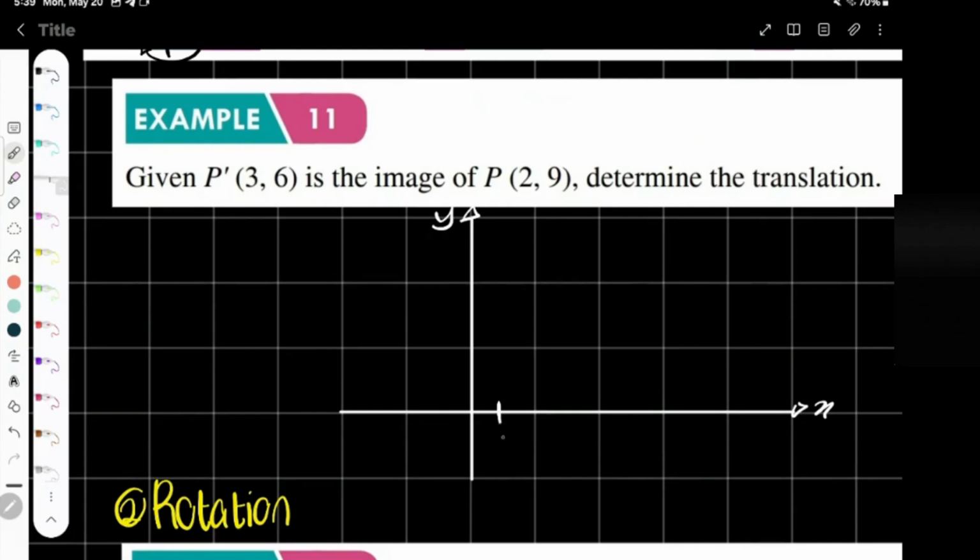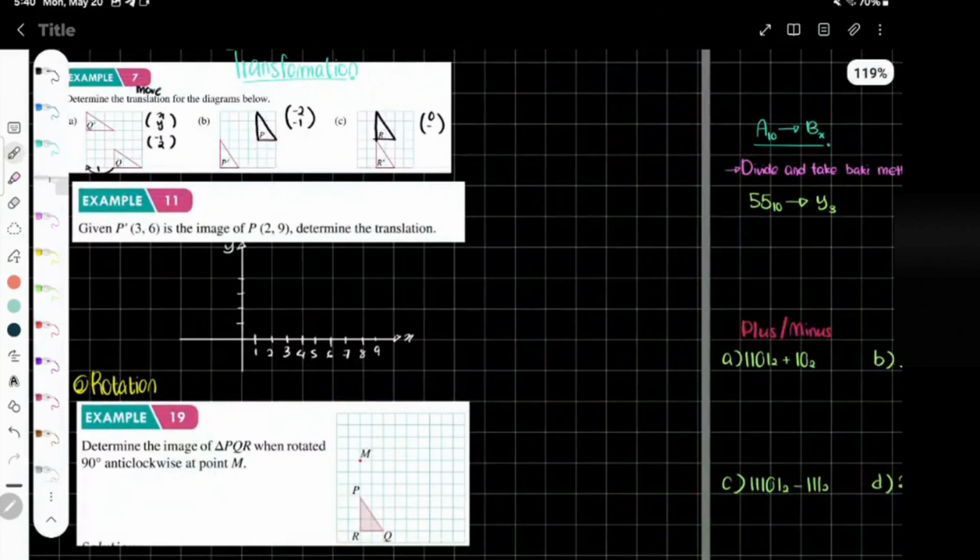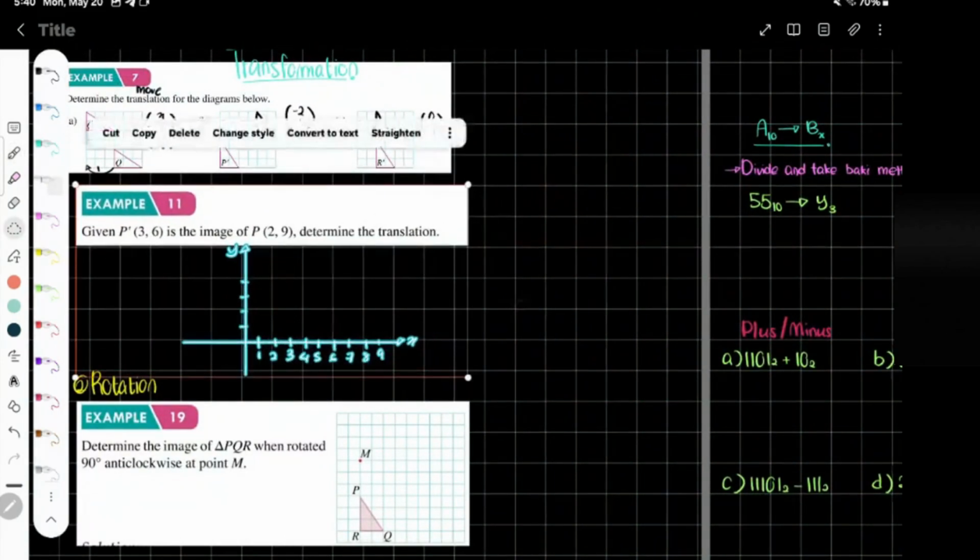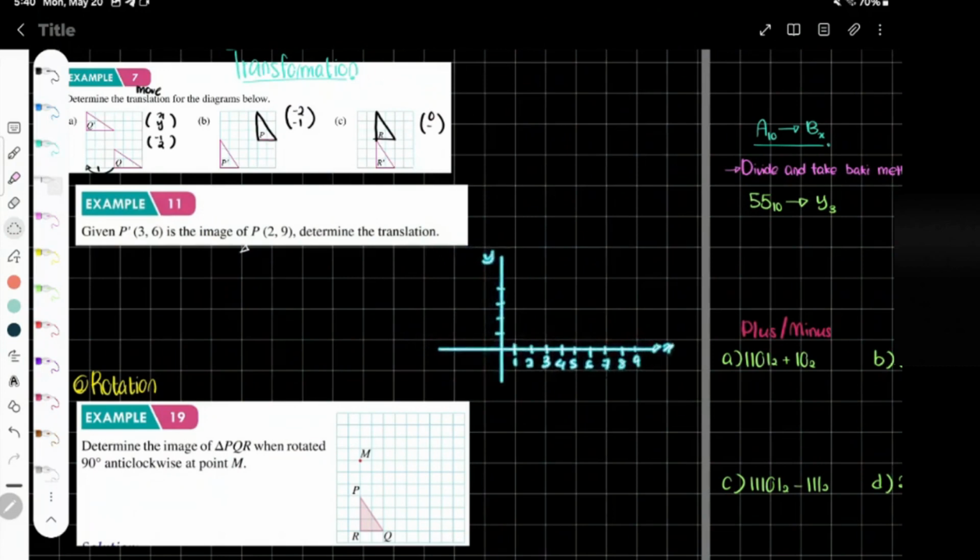So this one should be 1, 2, 3, 4, 5, 6, 7, 8, 9. And then P prime is 3, 6. So wait, let me draw. 1, 2, 3, 4. Ayo, I'm always running out of space. Sorry. I should do it here. Now I have space.